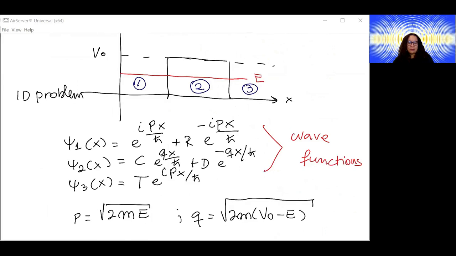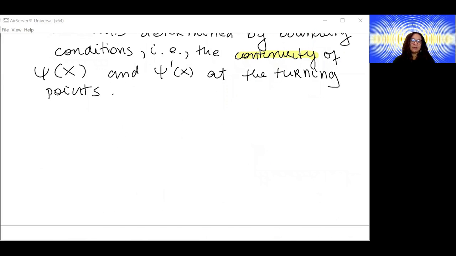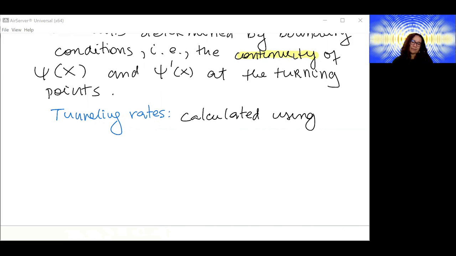And if you want to calculate tunneling rates, how do you do it? You consider using the probability flux.